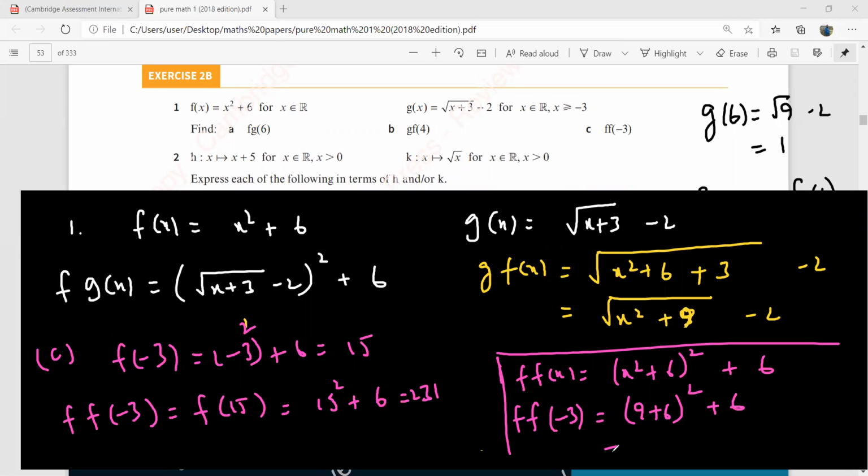So you see that is same, 15 square plus 6, like this one over here. So they are both the same. So you can find the expression first and then substitute, or you can find this part first and then find f f of -3. Yes, children?